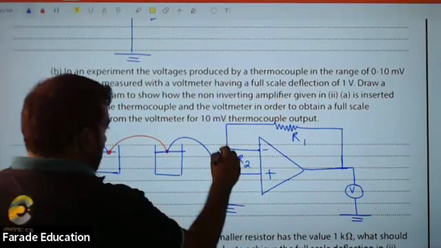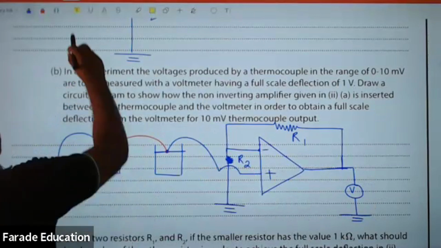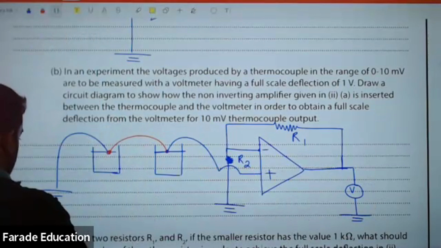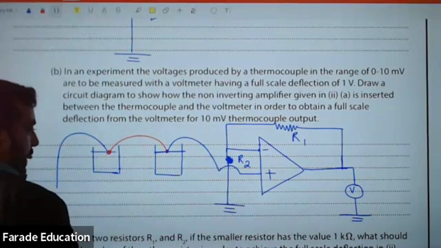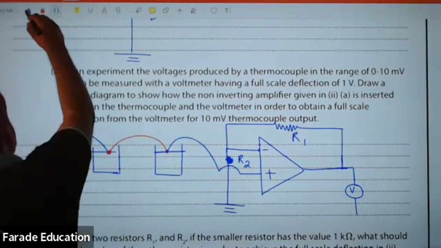The positive terminal is connected to one end, and the negative terminal should be connected to the other end. You have grounded this, or you can directly connect it here as well.